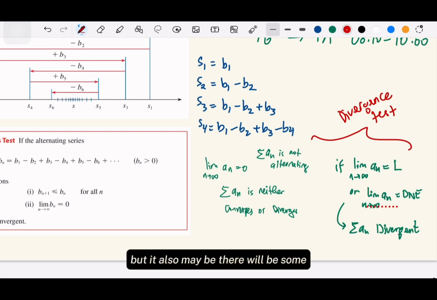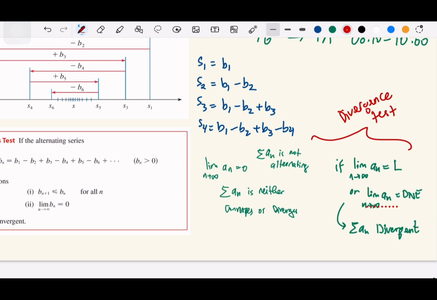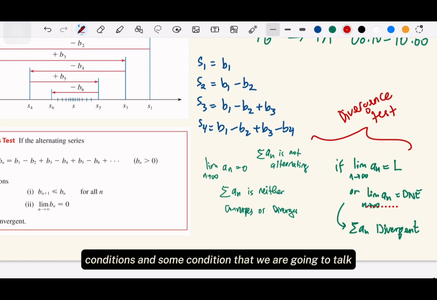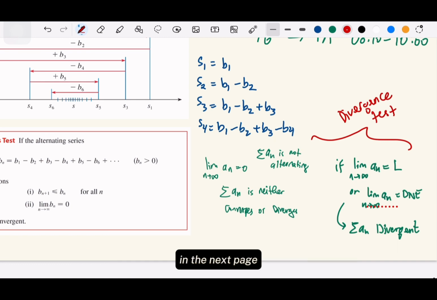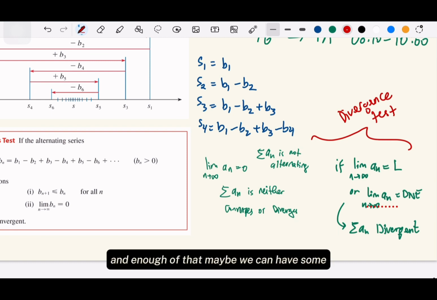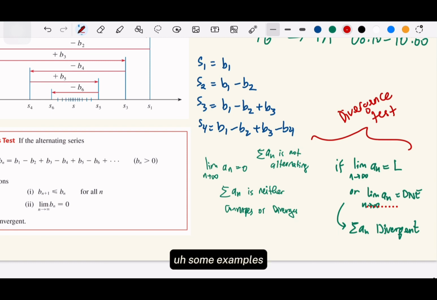But in alternating, there will be some conditions that we are going to talk about on the next page. And after that, maybe we can have some examples.